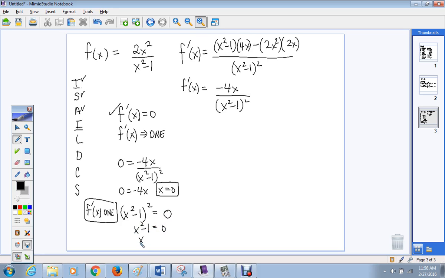And then we could solve for x, so we would have plus or minus 1. So we have two critical numbers from where the derivative does not exist. So altogether we have a critical number at 0, and we have a critical number at negative 1 and a critical number at positive 1.